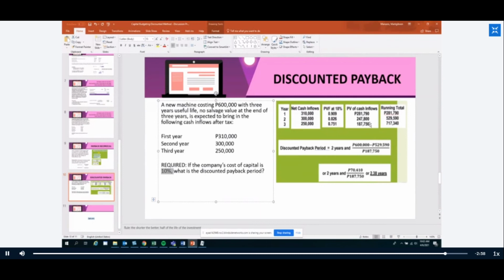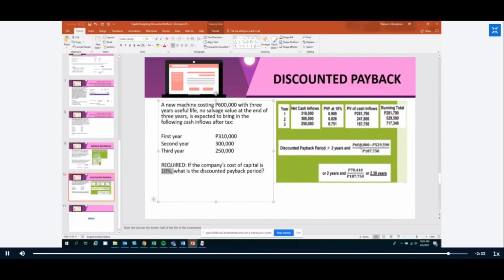Kinukuha lang natin yung prorata, no? Kasi by year 3, yung 717, it's higher than the total cost, no? So kinukuha lang natin yung prorata. So that's 2 years. So 1 year and then 2 years and 38 years, no? So 2.38.